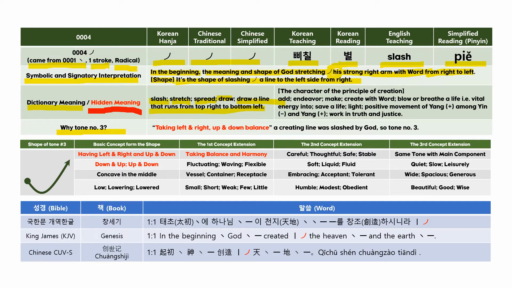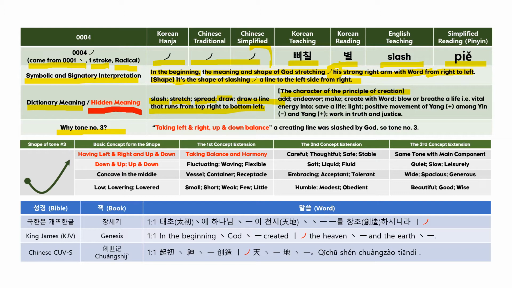Yeah, this character, slash Pie, it shows the principle of creation as a hidden meaning, and all the hidden meanings.